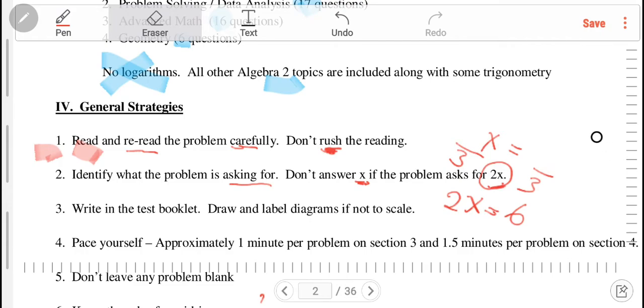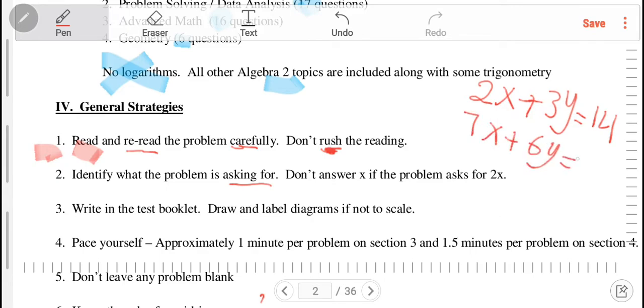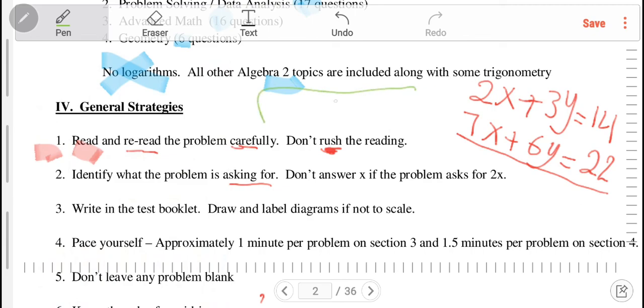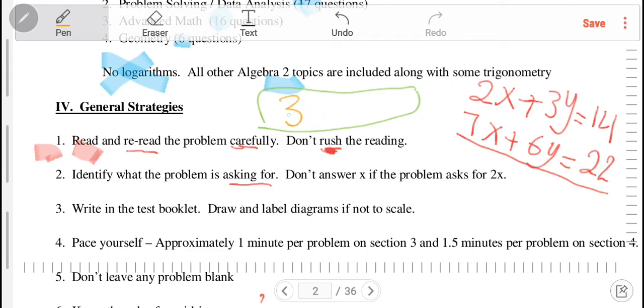Another example in this part: in the system of linear equations, if we have 2x plus 3y equals 14 and 7x plus 6y equals 22, and he asks to determine just 3x plus 3y.